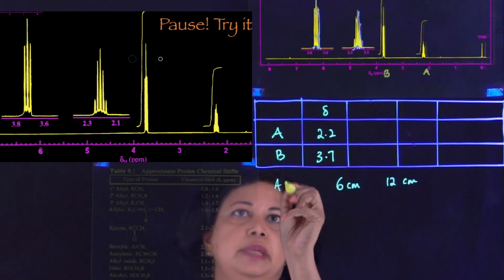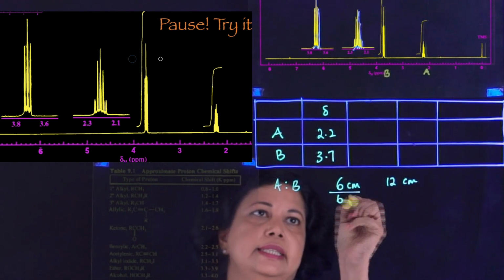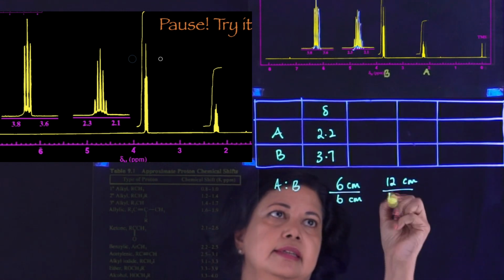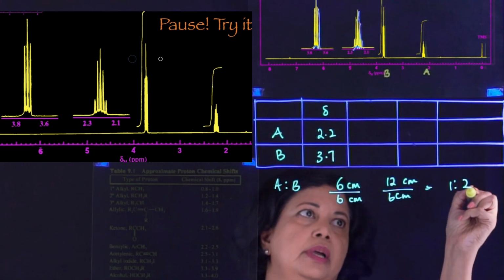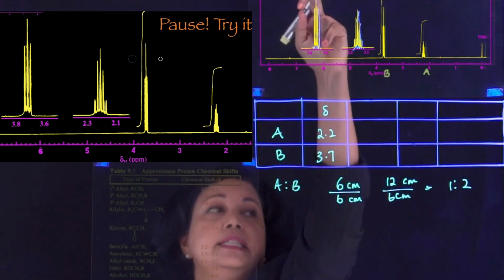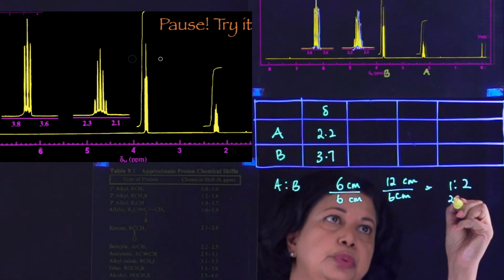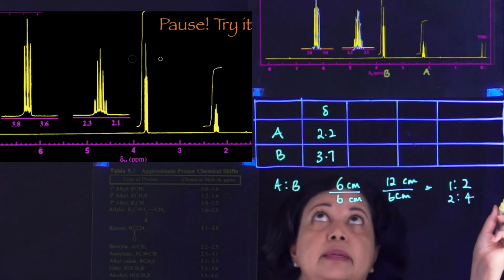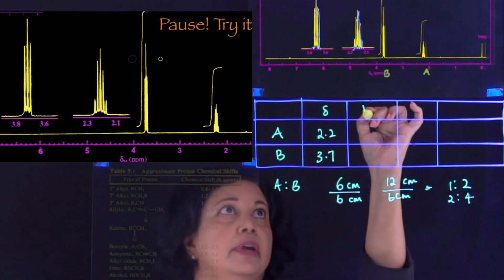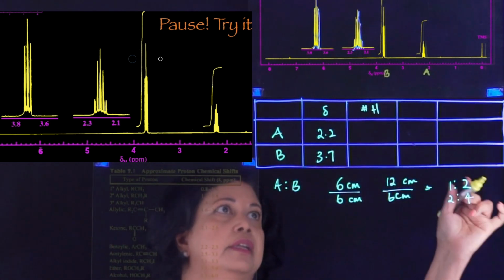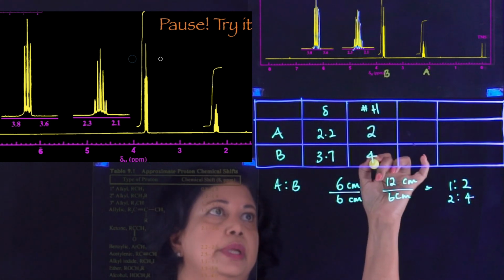This is A to B, divide by 6, and that's going to give you a 1 to 2, but this is 6 hydrogen, so it's 2 to 4, so they add up to 6. So then we have number of hydrogens, 2 here and 4 here.